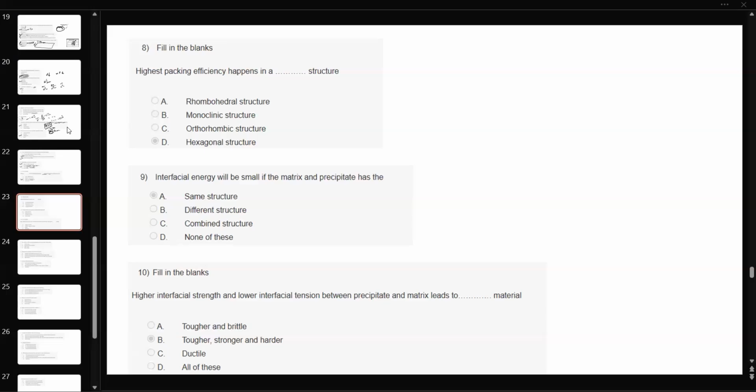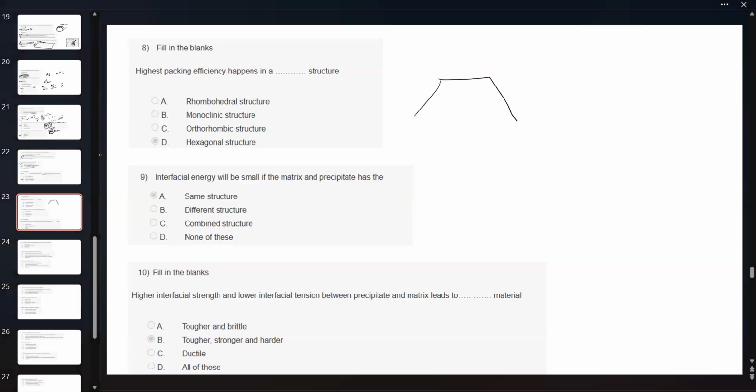Yeah, hexagonal structure, you remember, is the most space efficient. There's no space in between and it gives you maximum packing fraction efficiency.